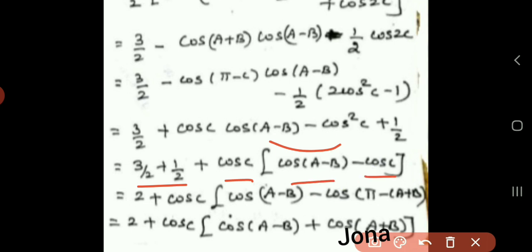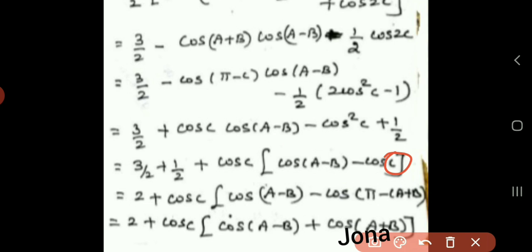Okay, now it's in the form of, here this c can be written as pi minus of a plus b here. So this pi minus of a plus b is 2 into 90. So 2 is even number, keep cos as it is there. That is in the second quadrant. Second quadrant it is negative for cos. So put one minus there. So minus and minus will become plus here.